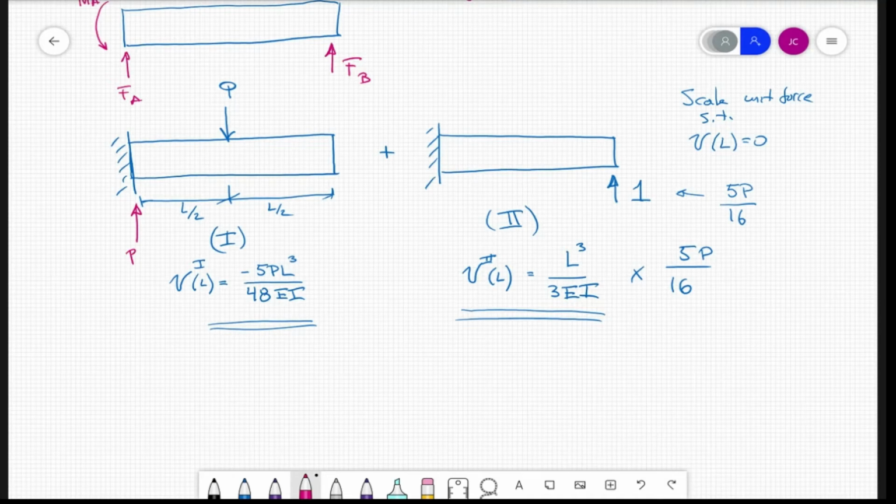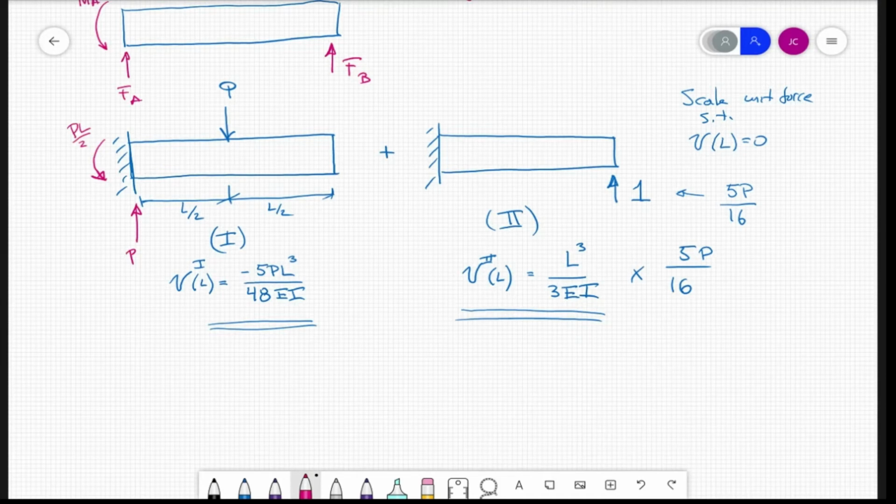And the moment, I know I should erase the end condition, but forgive me on that. For the moment, this is PL on 2, correct? And it goes the other way. That would be for the first case, those are the support forces there.